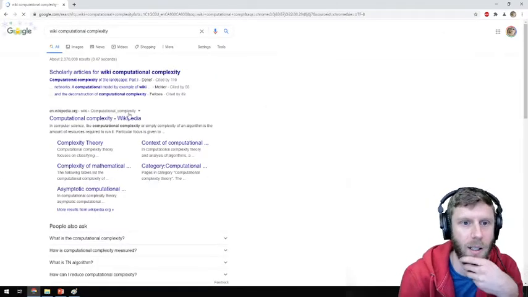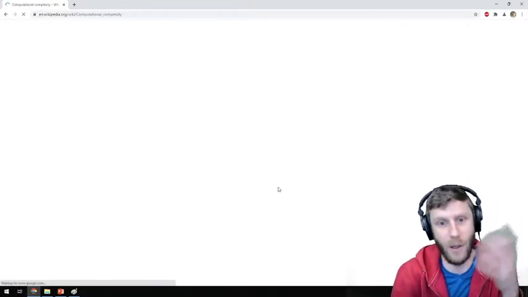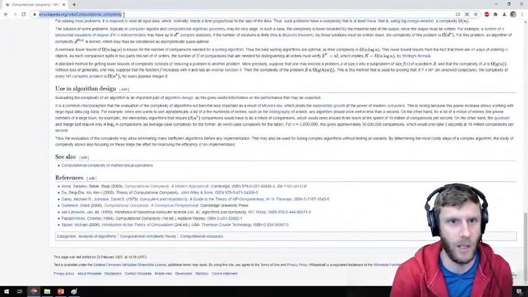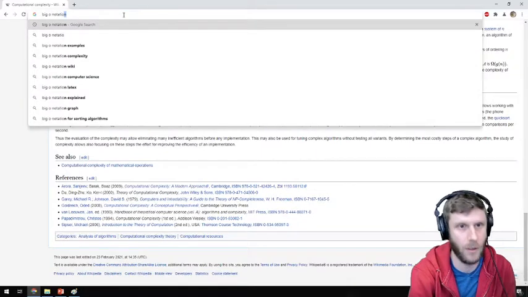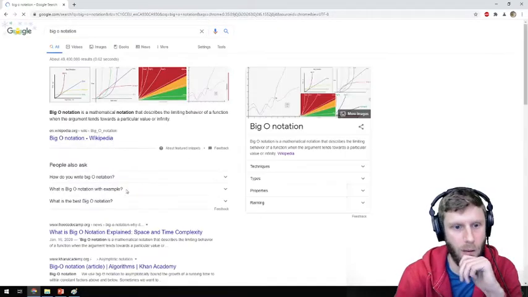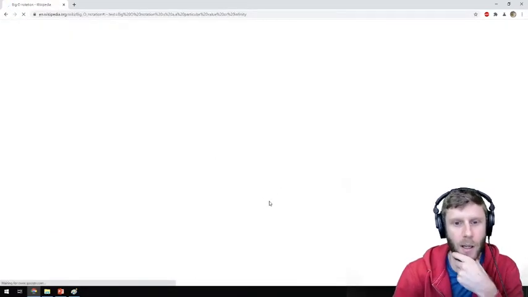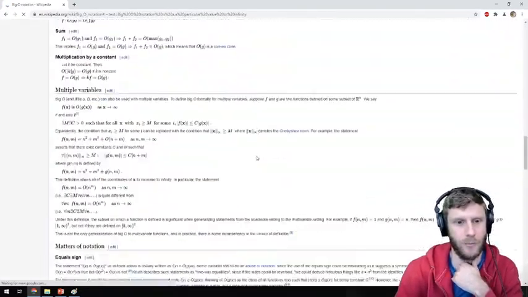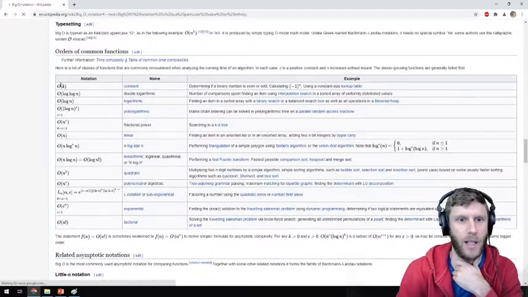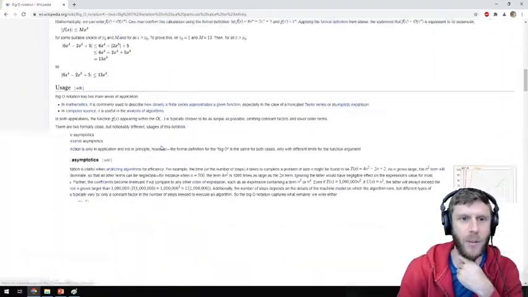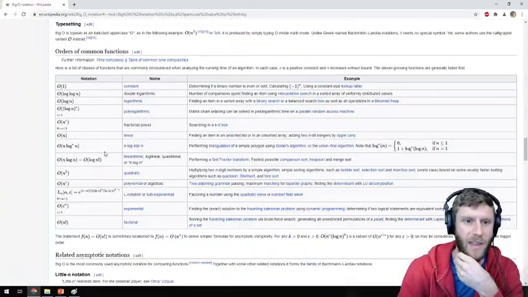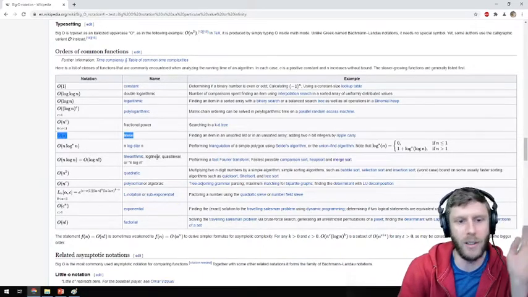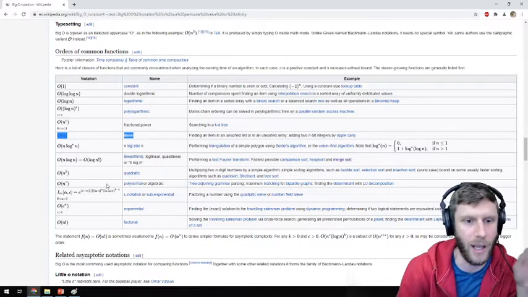In fact, if we go to wiki, complexity, and find the table of common complexity values, I guess I have to do big O notation. So at the bottom of our list, we have constant time, but then close to the bottom, linear, linear's good. And then we have all our polynomial time stuff that comes after the n log n stuff.